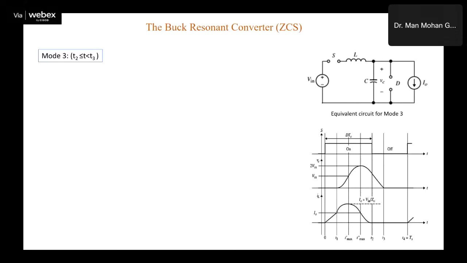So this equation becomes 0 equal to minus I naught over C into T3 minus T2, plus V in 1 minus cos omega naught T2 minus T1. So from here we can find this interval del T3, the time interval for which this mode 3 is being operated.